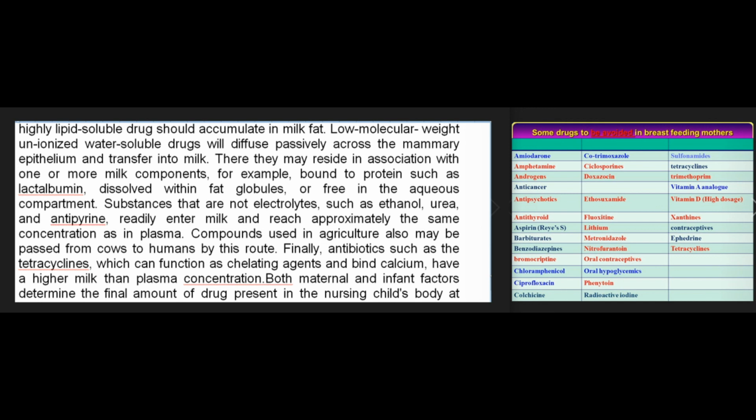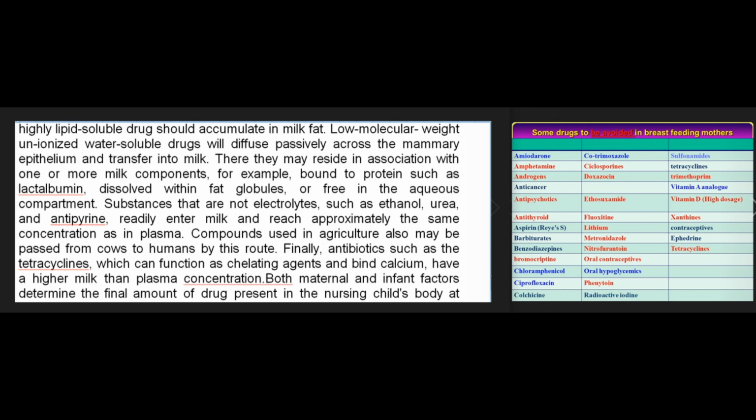There they may reside in association with one or more milk components, for example, bound to proteins such as lactalbumin, dissolved within fat globules, or free in the aqueous compartment. Substances that are not electrolytes, such as ethanol, urea, and antipyrin, readily enter milk and reach approximately the same concentration as in plasma. Compounds used in agriculture also may be passed from cows to humans by this route.